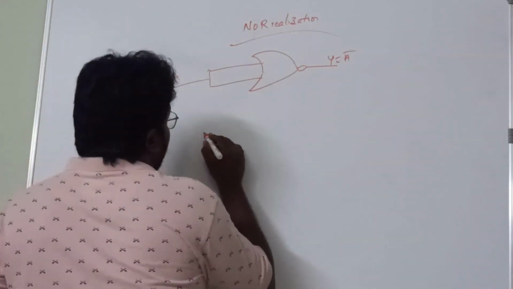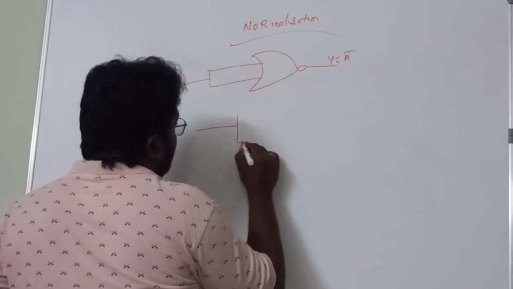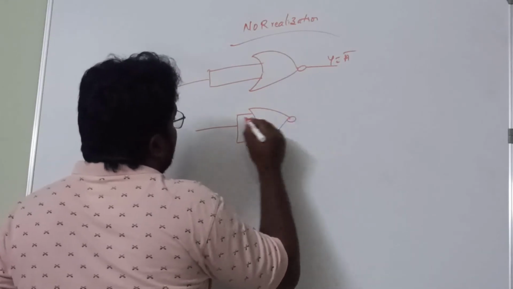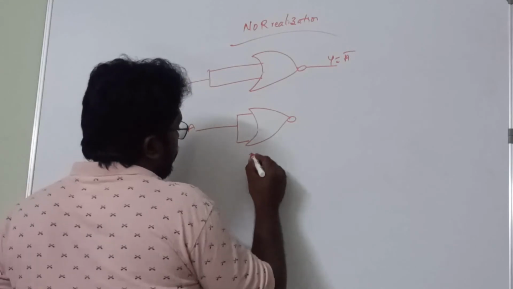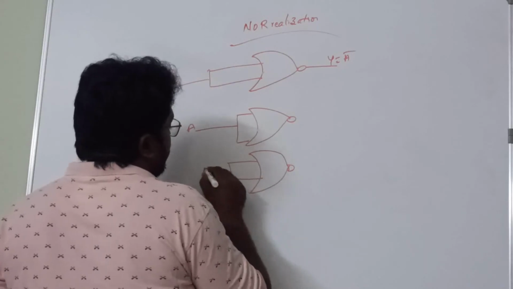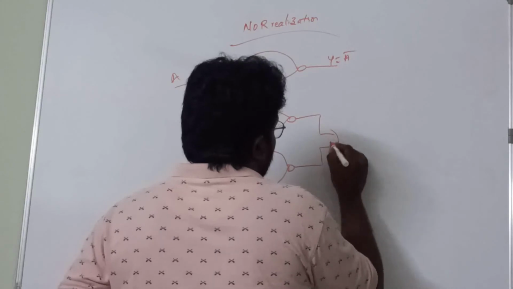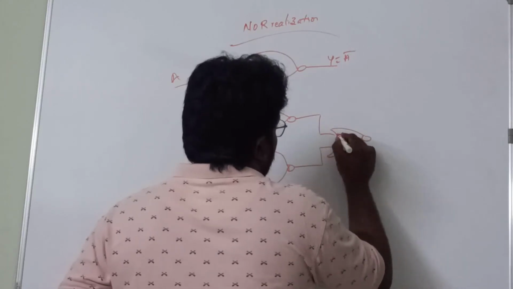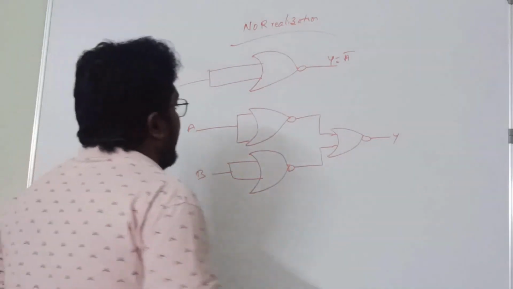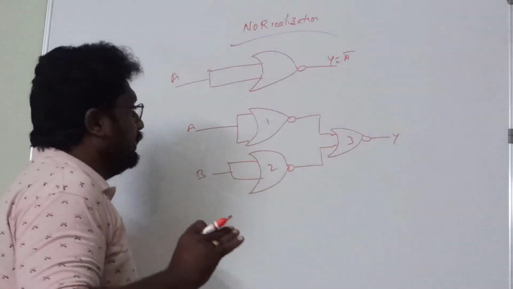So the AND gate will be realized by taking 3 NOR gates. This is input A, this is input B, this is the final output Y. So here I am having 3 NOR gates.